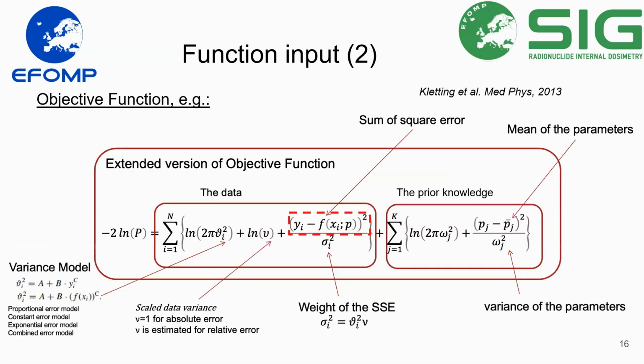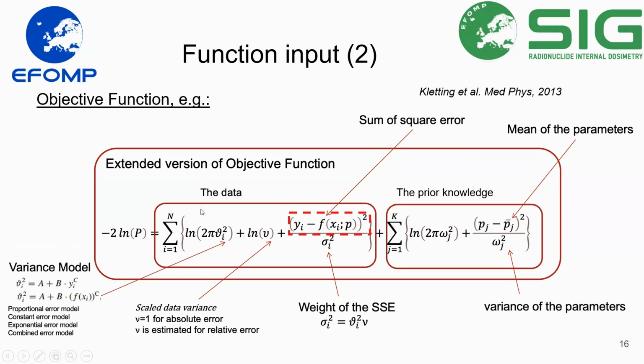Okay, let's continue. Basically, we can define an objective function. For example, this is the extended version of the objective function. As you can see, we have two sigma terms. The first term is about the data, and the second term is about the prior knowledge.